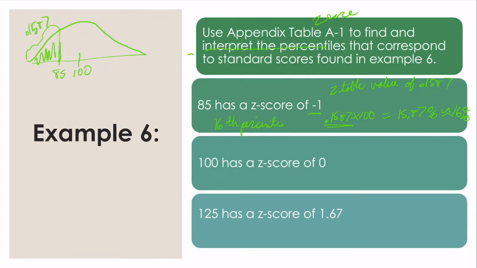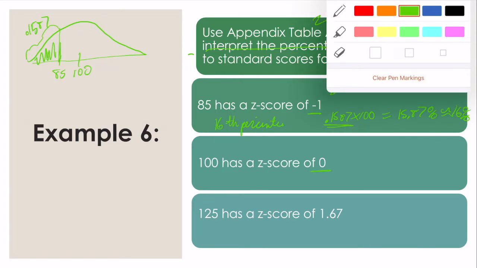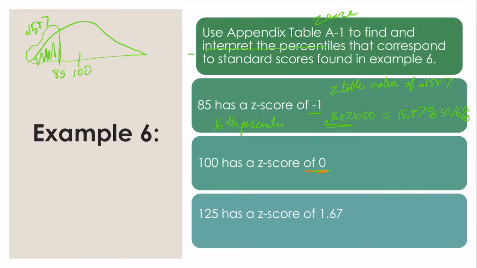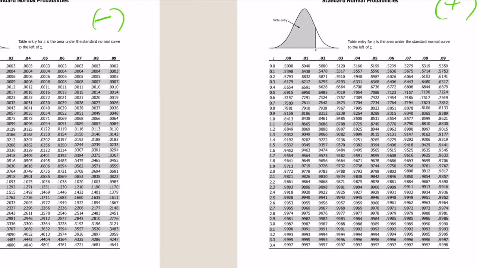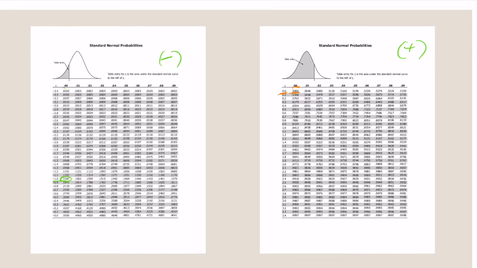If 100 has a z-score of 0, we go ahead and look at our z-table and we see a z-score of 0.00 marks 0.50. And that makes sense, right? If you have a z-score of 0, you're the mean, and you divide our data in half.